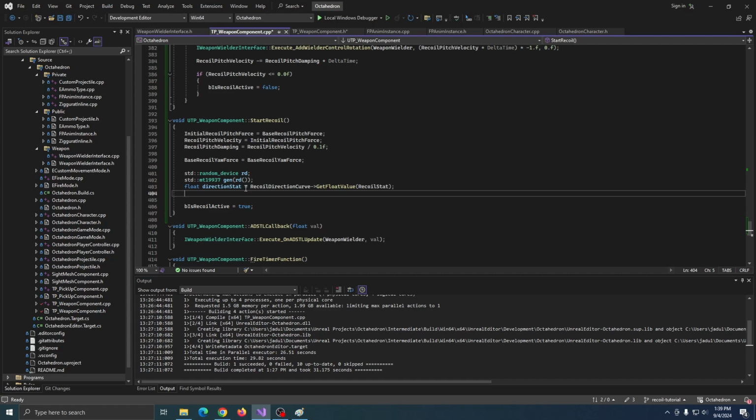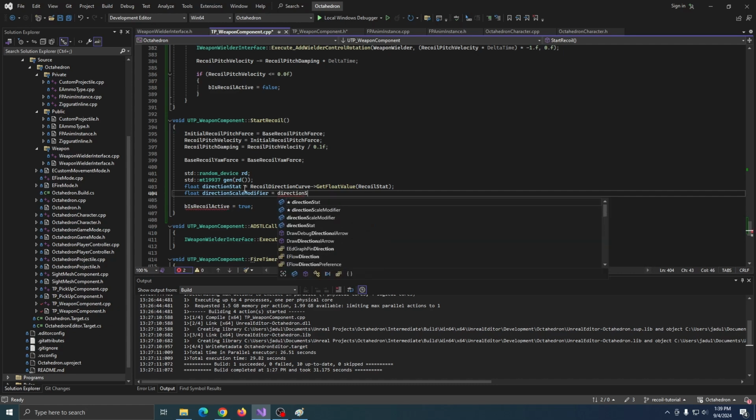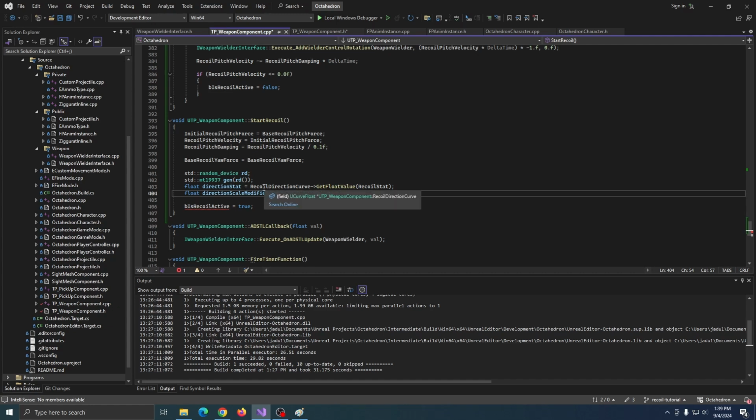Is it a positive number, a negative number, or is it 0 if it ends in 5, right? And from that number, we also want to create a direction scale modifier. What this number is, is the direction stat over 100. And this will give us a number between -1 and 1, right?